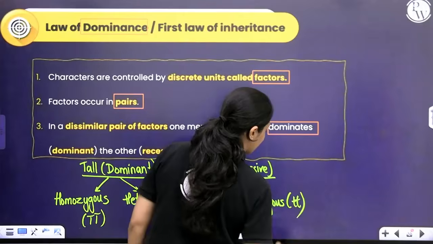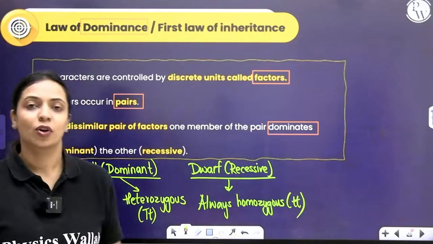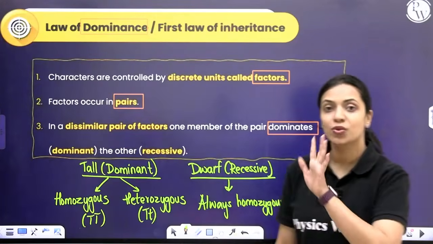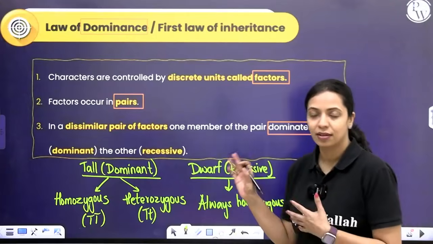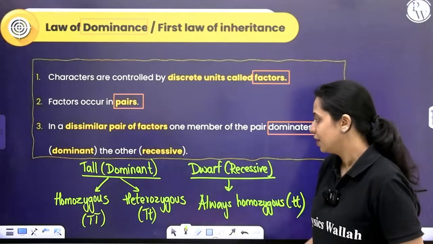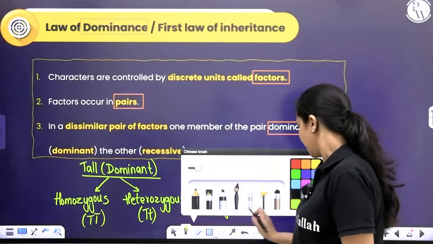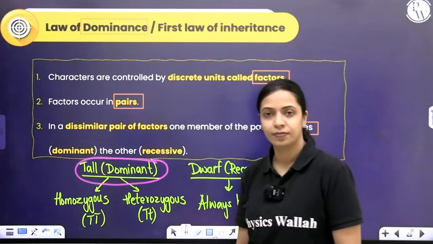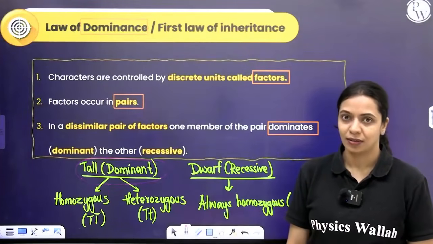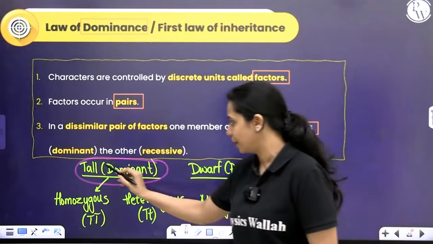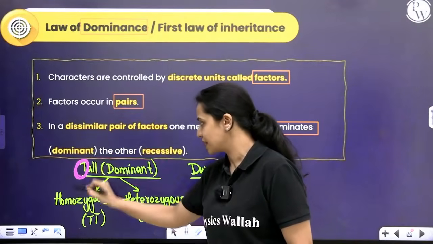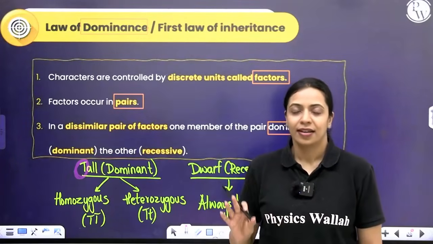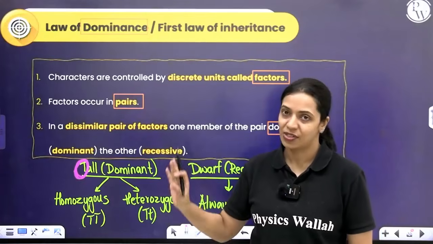Lowercase t. If we are performing a cross for any character, how will we choose the letters in Mendelian crosses and the experiments? Here you can see that this is the dominant trait. Dominant trait is tall. So the first letter is T. You will choose this letter, T. If T is capital, that represents the dominant allele.